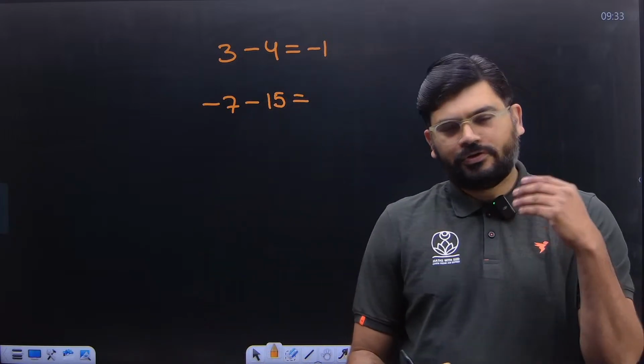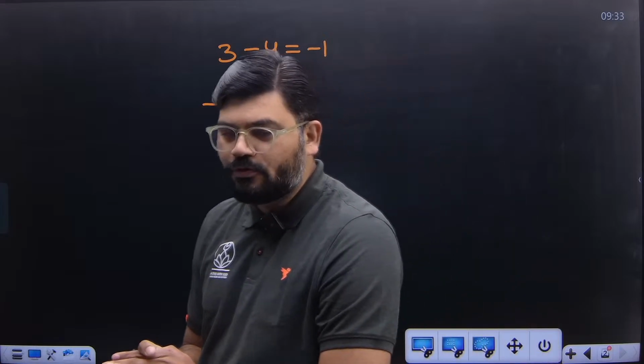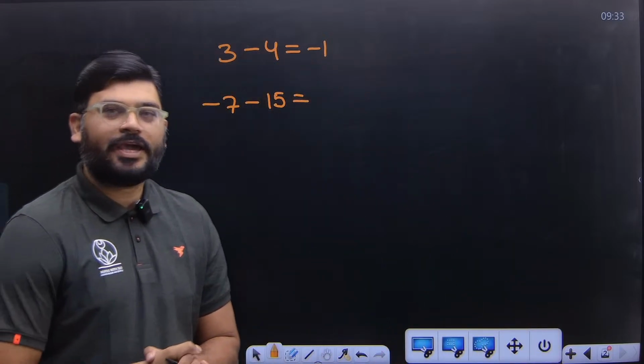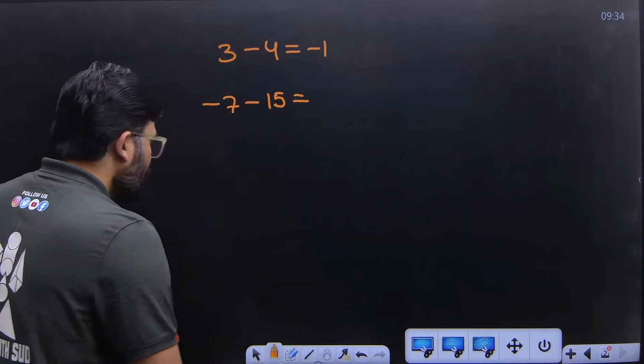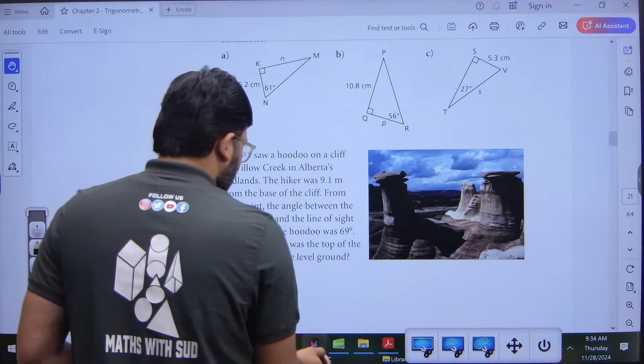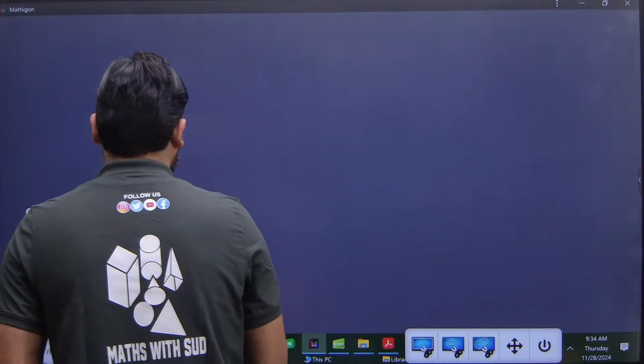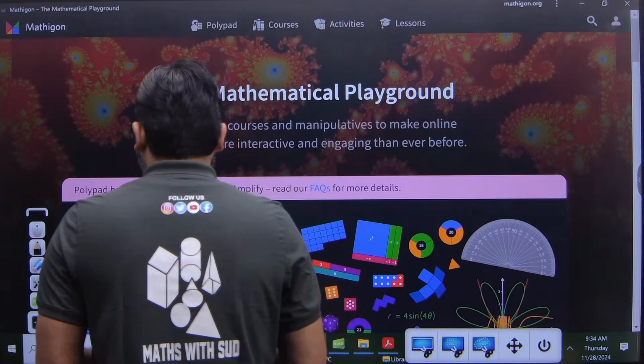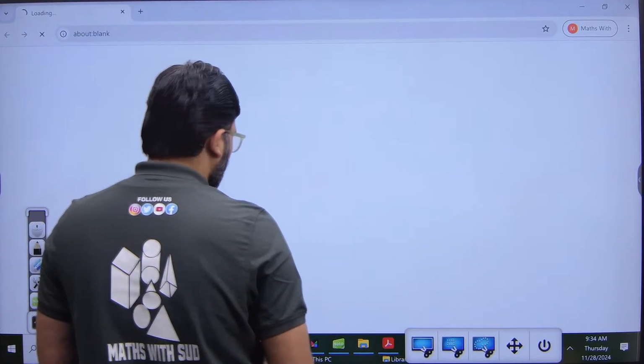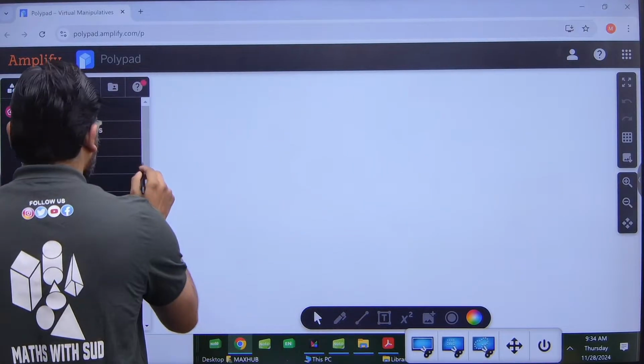Okay, first you don't tell me, I will tell you how to do -7 minus 15. You remember the number line? So -7 minus 15 means what? It means you are sitting on what?